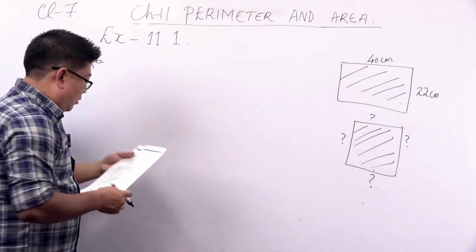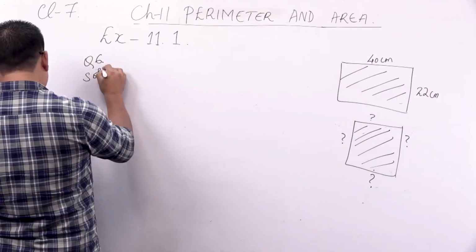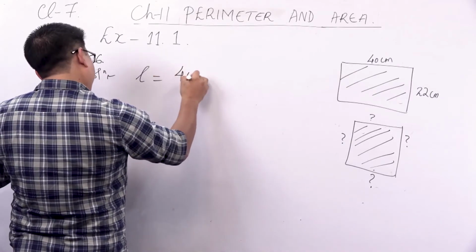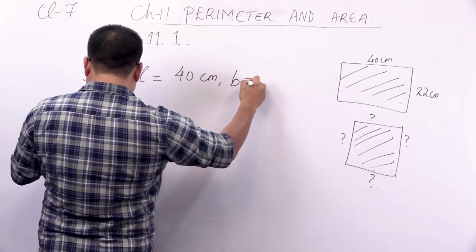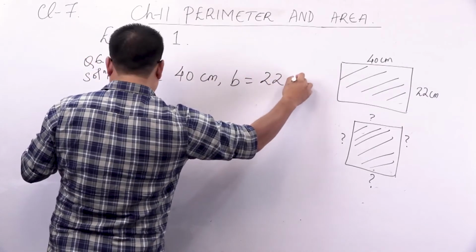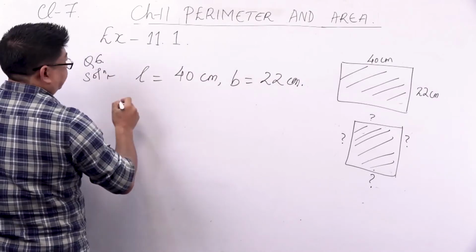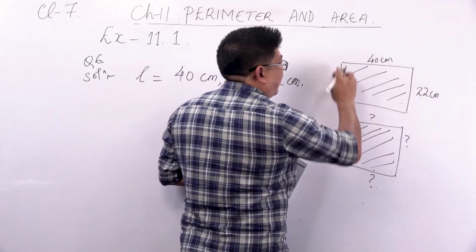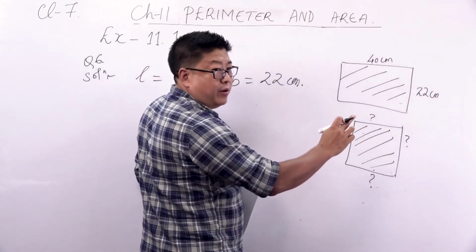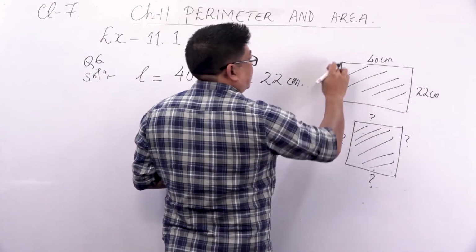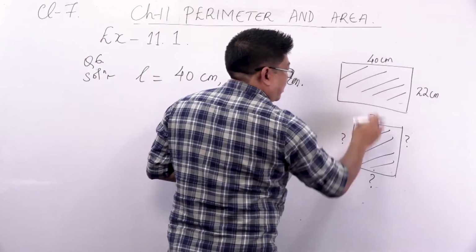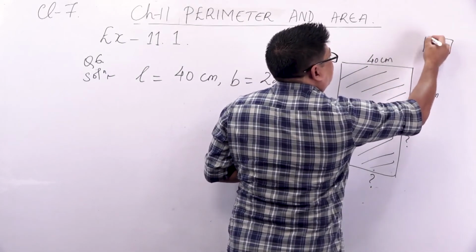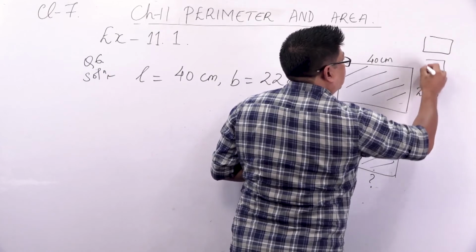So to begin with, the first part: length is given, 40 centimeters, and breadth is given, 22 centimeters. Now if you look at these two, the wire used here is the same as the wire used here. So the perimeter, meaning the total length of this, is equal to this, because the same wire is used to make a rectangle and then again used to make a square.